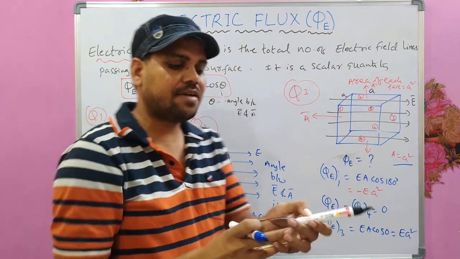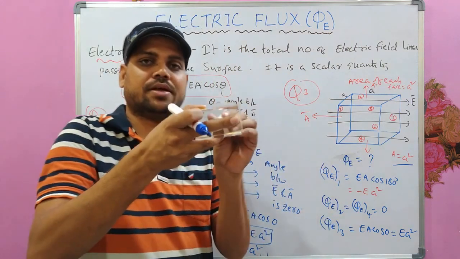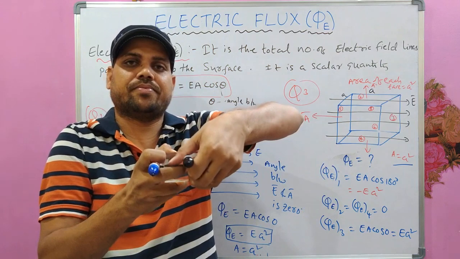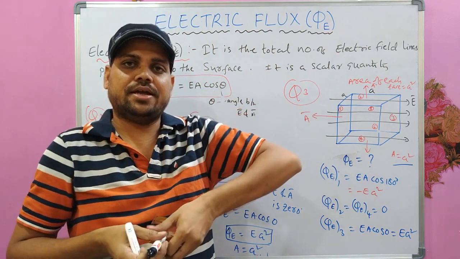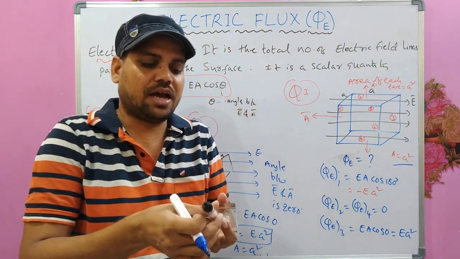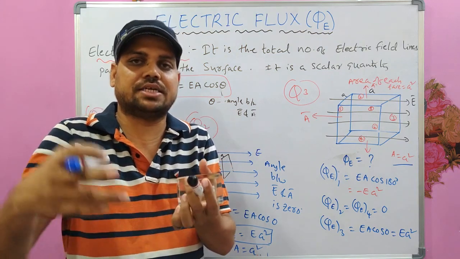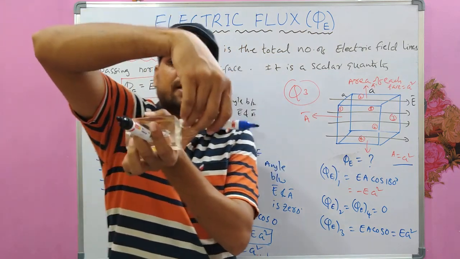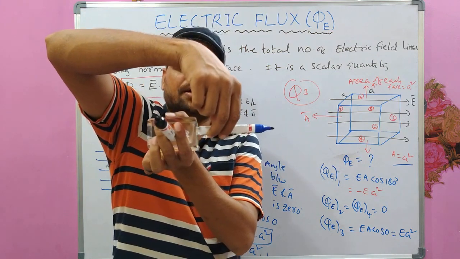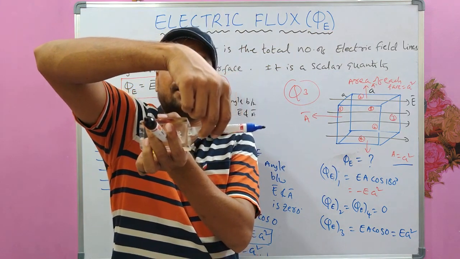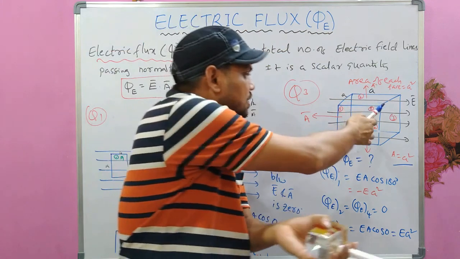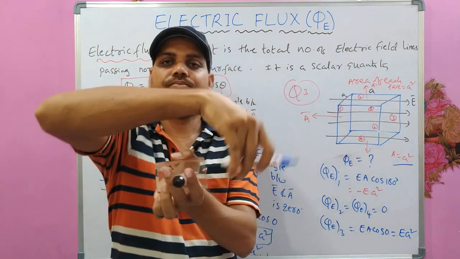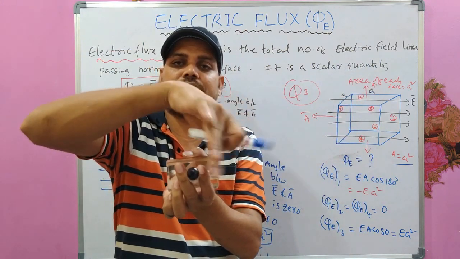So what about 5 and 6? 5 is this and 6 is this. Right? So the flux linked to face 5 and face 6 will also be 0. See, the blue marker is electric field direction. Black marker is the area vector of this sixth face. 90 degrees between them.